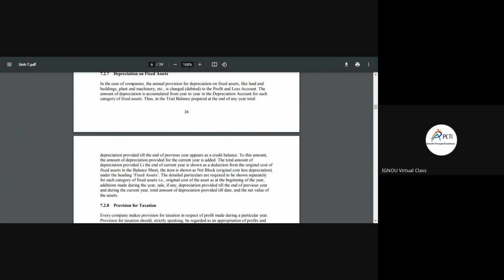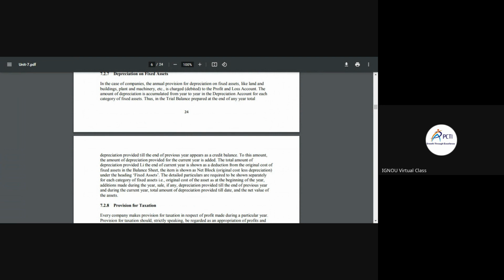By what amount the depreciation will be charged is given in the blocks in the Income Tax Act. From there we can find out how much depreciation we need to charge on what fixed asset. That depreciation will be debited to the P&L account, and the amount of depreciation is accumulated from year to year in the depreciation account for each category of fixed asset.